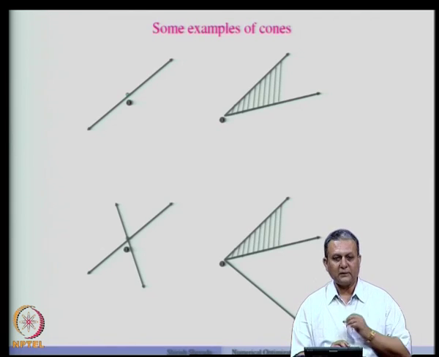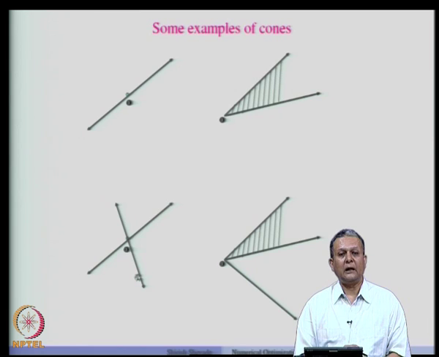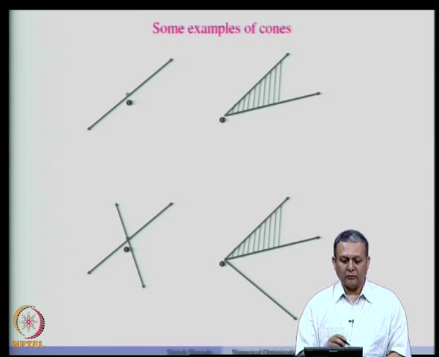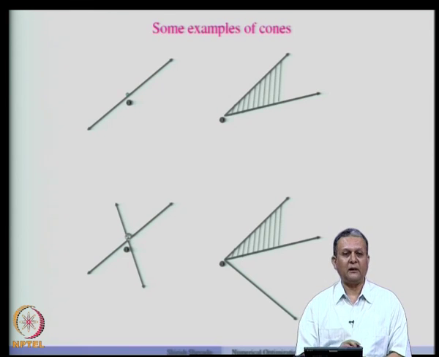Now, here are some more examples. In the first example, what we have done is that we have added another line passing through the origin. This also remains a cone, because by the definition of cone, any non-negative multiple of any vector in that set always lies in the set.